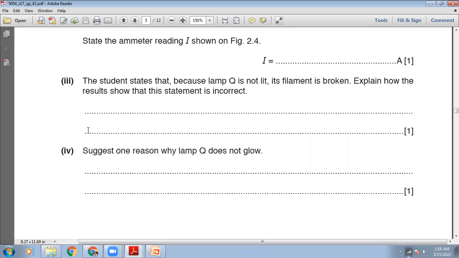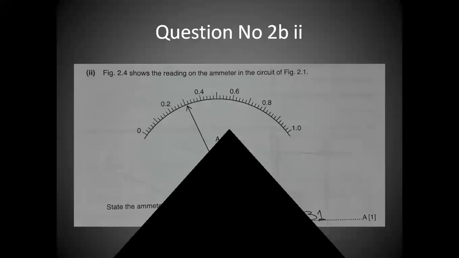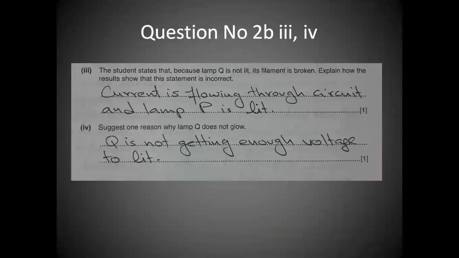So if the lamp filament has broken, the current will not flow. Because the current is flowing, the ammeter is showing some reading, and the lamp P is also lit. So that shows that the current is flowing in the circuit. So the statement is wrong. The statement is incorrect because the P is lit and the current is flowing in the circuit.